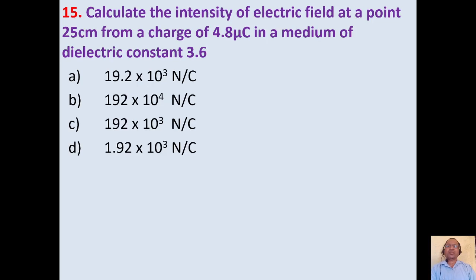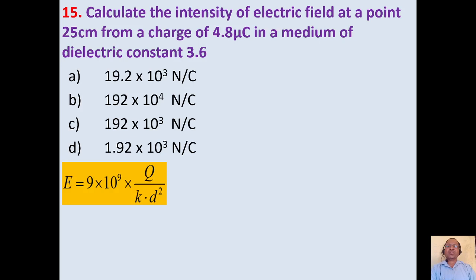Calculate the intensity of electric field at a point 25 cm from a charge of 4.8 microcoulomb in a medium of dielectric constant 3.6. So we use the formula capital E is equal to 9 into 10 raised to 9 Q upon Kd square. Q is given as 4.8 microcoulomb, so micro stands for 10 raised to -6; multiply it by 10 raised to -6.